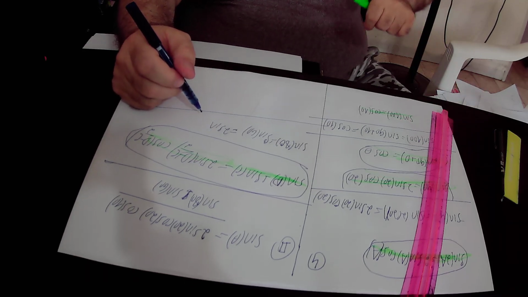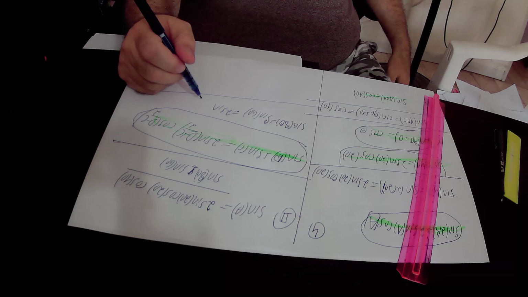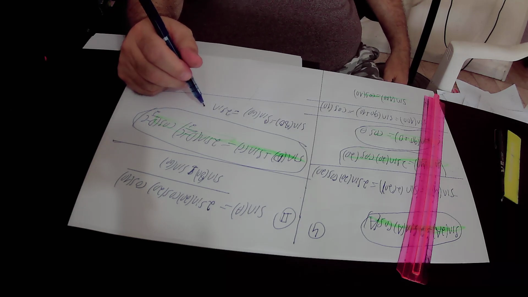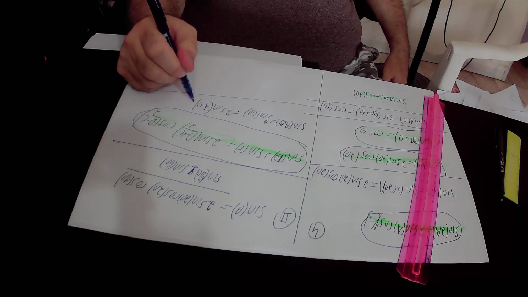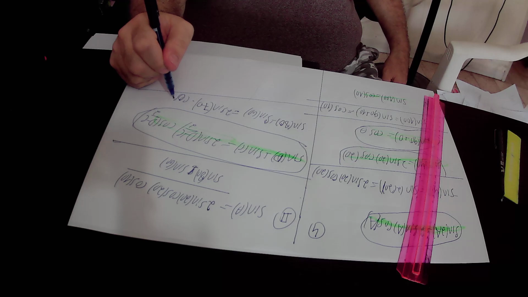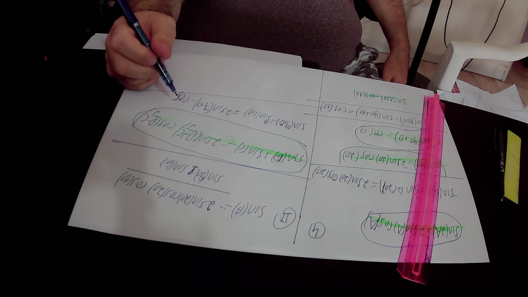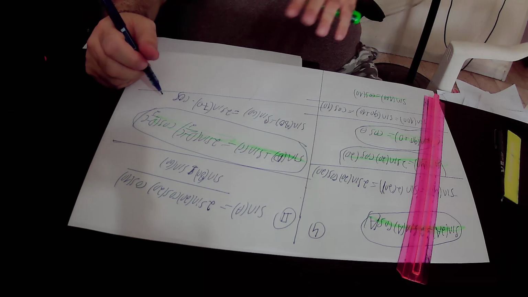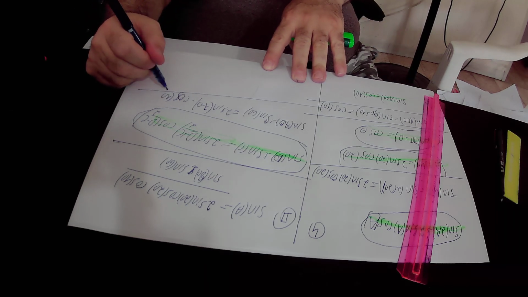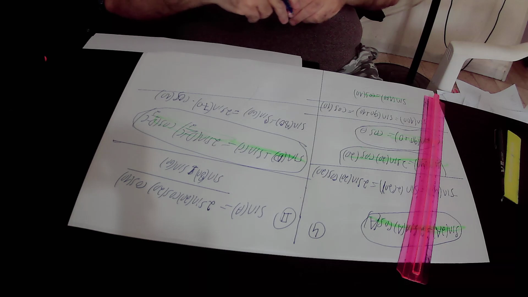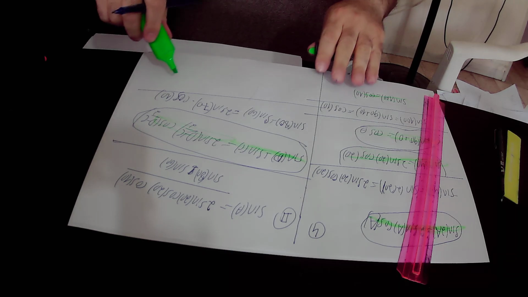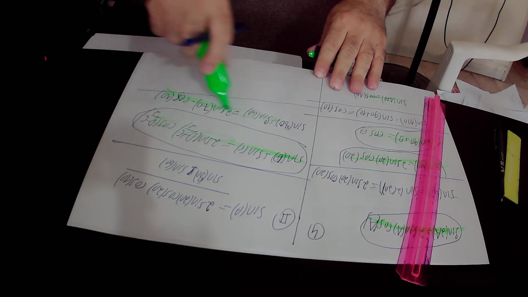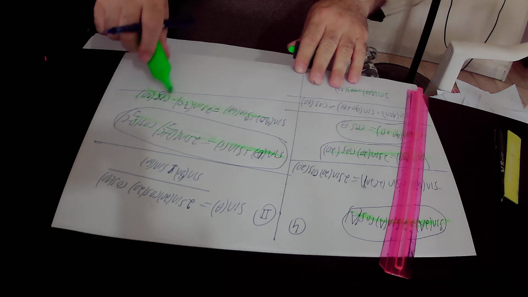D is 80, C is 60, so 80 plus 60 is 140, and 140 over 2 is 70. And we have to multiply it by cos of (D minus C) over 2. D is 80, C is 60, so 80 minus 60 is 20, and 20 over 2 is 10. So in conclusion, we found out that sin 80 degrees plus sin 60 degrees is equal to 2 times sin 70 degrees times cos 10 degrees.